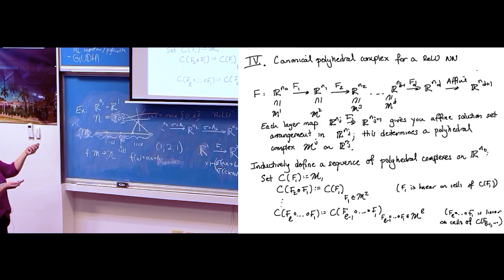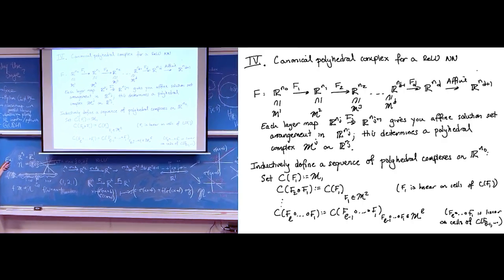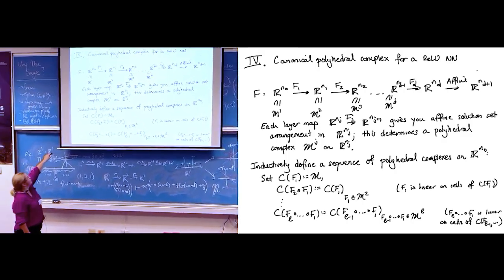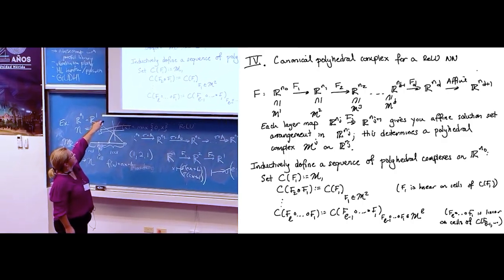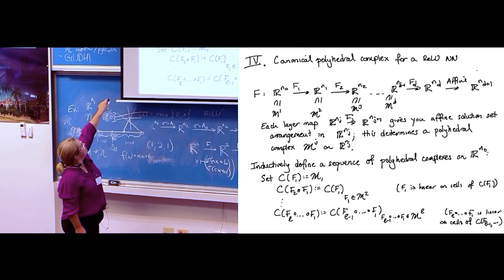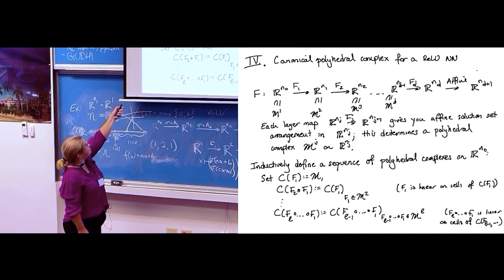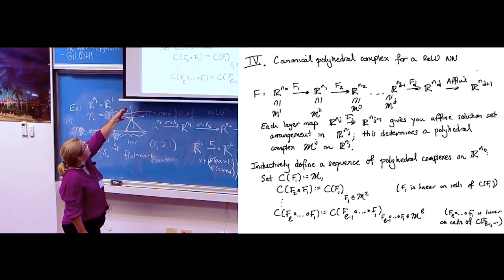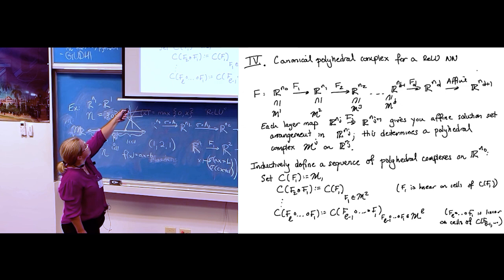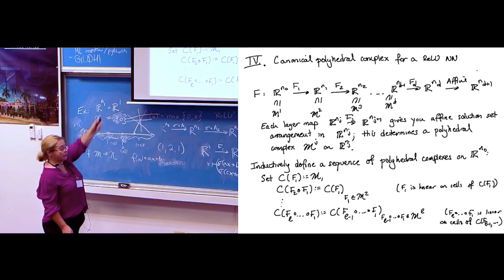So now what this is saying is that we can just pull everything back to the domain R^n0. We do this inductively. You start with the complex M1 on the domain. Then look at the hyperplanes that form M2, and you take their preimages back in M1.